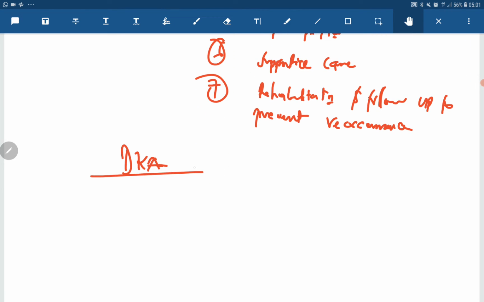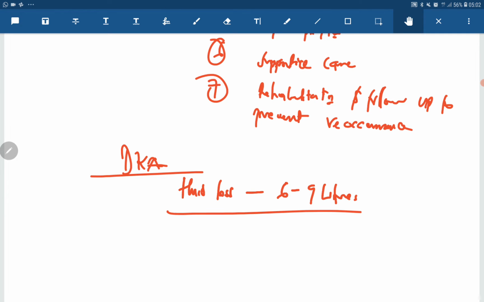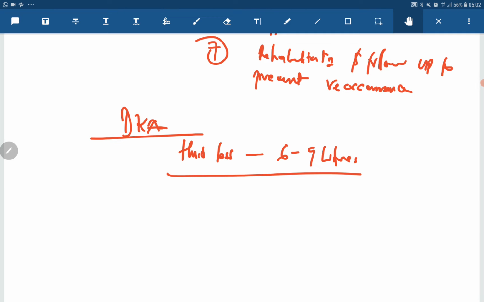usually it is said that patients' fluid loss is around 6 to 9 liters, and this is as against EHS, which is around 9 to 12 liters too. But it's not like you are giving the whole 6 to 9 liters at once.